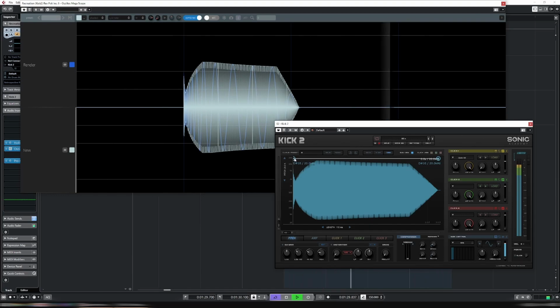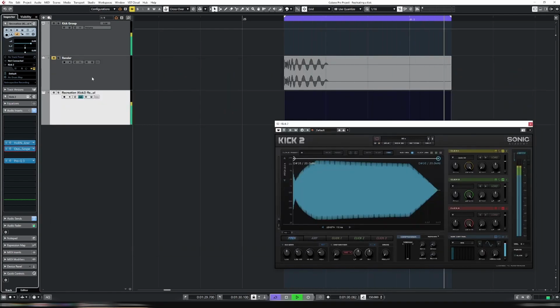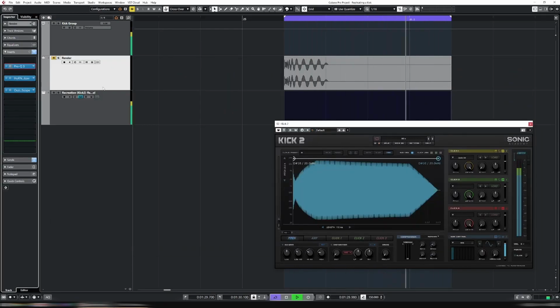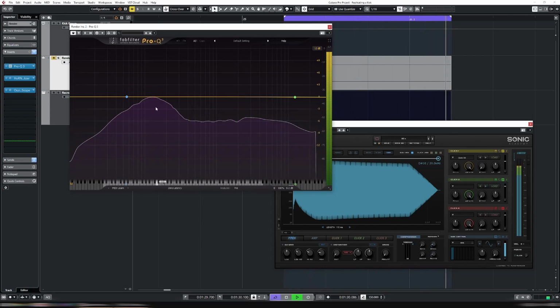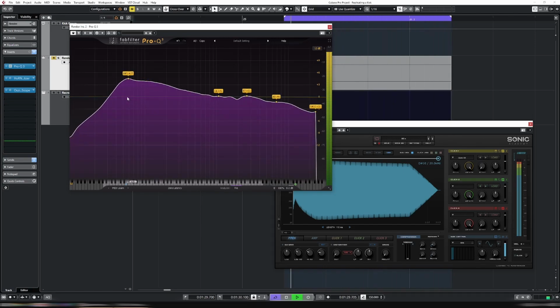Now, to determine where we need to start and where we need to end, we need to look at an EQ. So let's put the oscilloscope away for now. Let's go to the original one on an EQ. So if we look at the two nodes that I've drawn in, we can see around here, A1, 55 Hz, is where it's starting to peak.